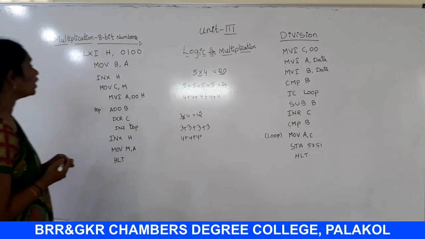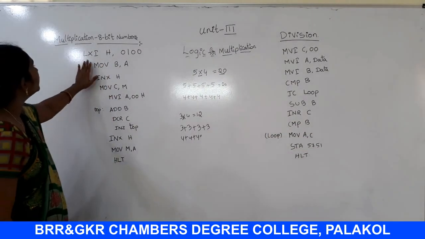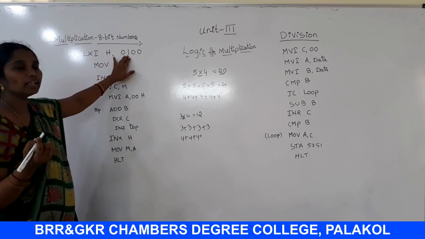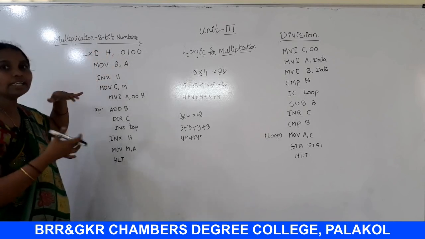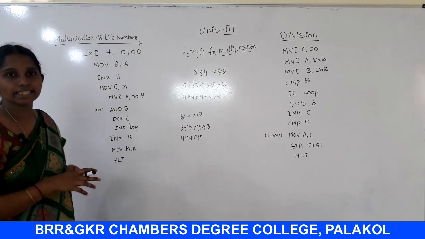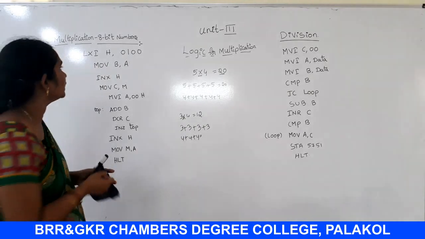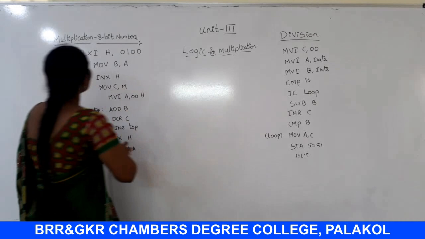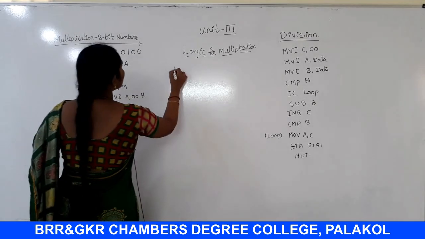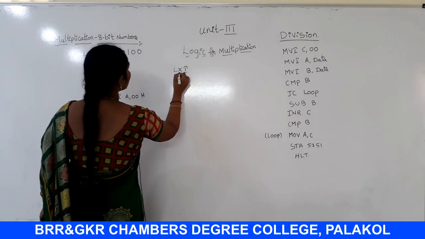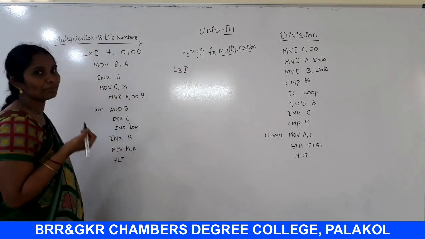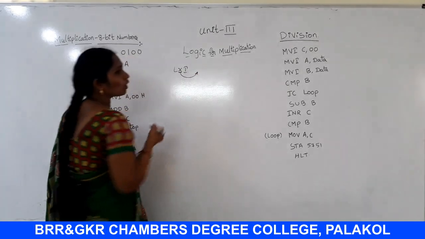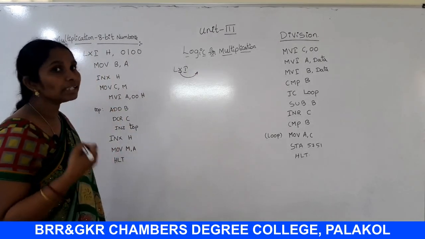First of all, whatever data we consider, that data is first loaded into our registers. That is the first step here. The instruction is LXI. Whenever X is mentioned in an instruction, that instruction belongs to the register pair instructions.